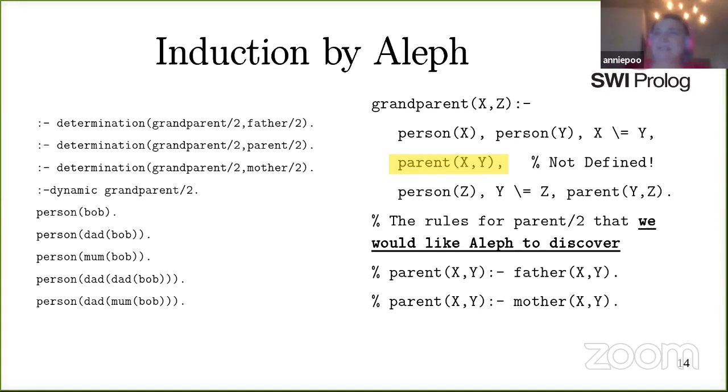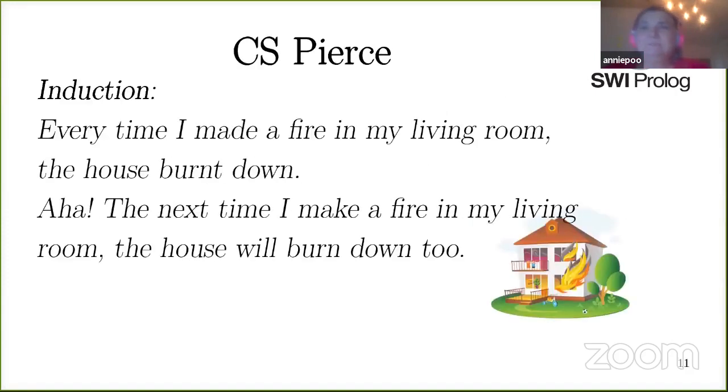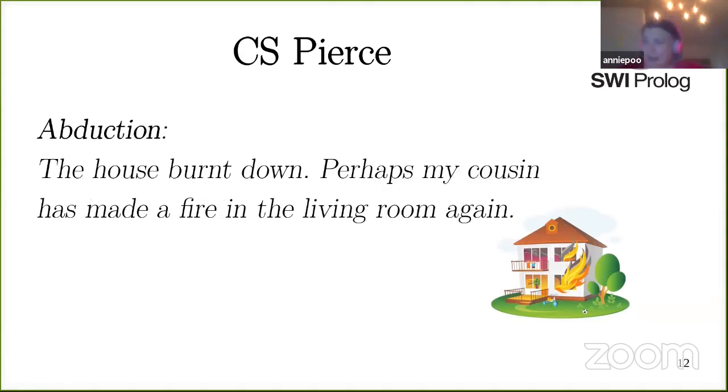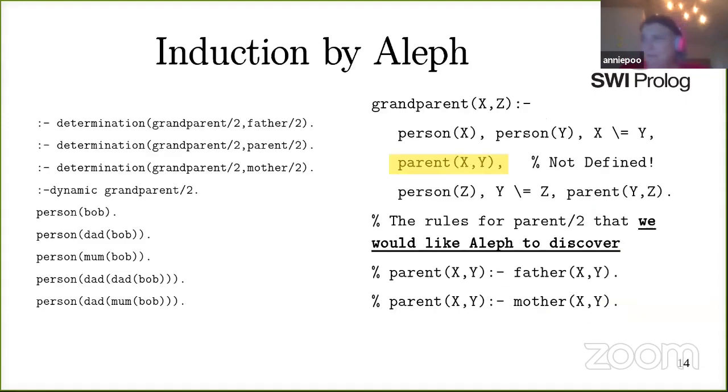Let's go back and look at Charles Sanders Peirce. I have a bunch of prior cases, and I am going to deduce a rule from them. So this is induction. I have a bunch of prior cases, and I have a definition of grandparent that depends on parent.